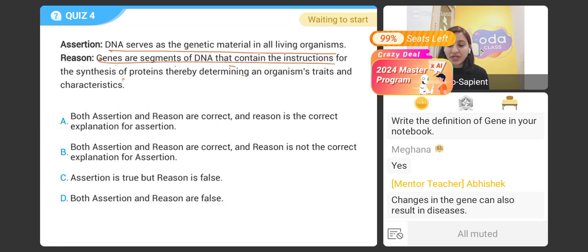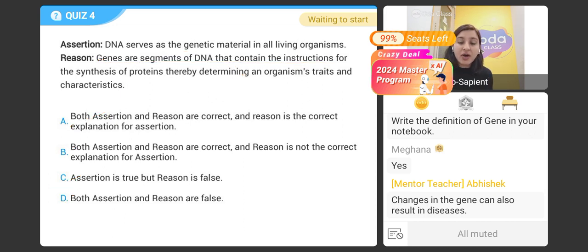DNA serves as genetic material. Okay, why is DNA genetic material? Reason, is it the correct reason? If reason is correct, students, go for A. If reason is wrong, go for C. Okay, if both of them are correct but reason is not explaining the assertion, go for B. And if both of them are false, go for D.